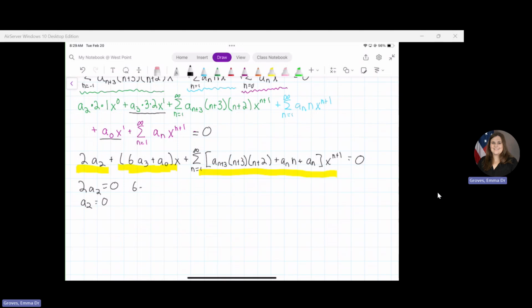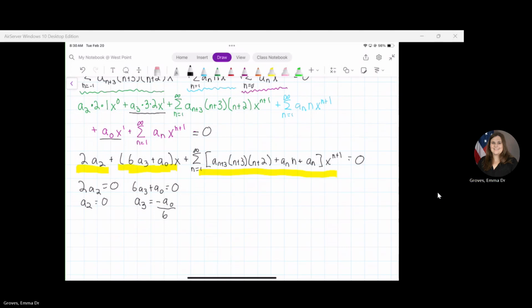So I've got 6a3 plus a0 has to equal 0, which gives me that a3 is negative a0 over 6. But that's as specific as I can get because I don't know what a0 is.